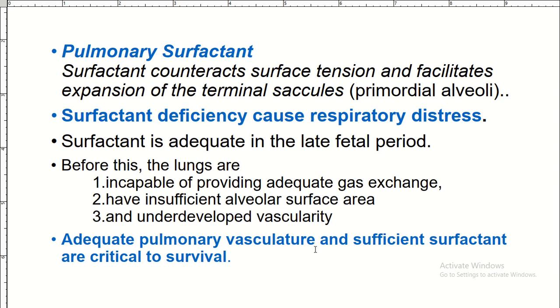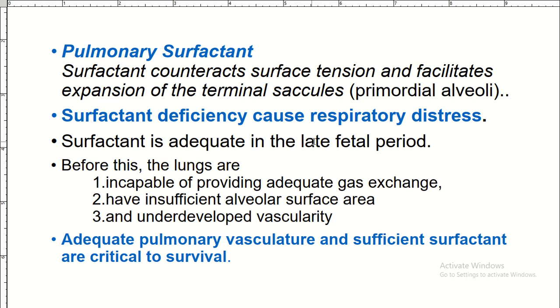Pulmonary surfactant counteracts surface tension and facilitates expansion of the terminal saccules. That's your primordial alveoli. Surfactant deficiency causes what you call respiratory distress syndrome, right? So it's very important to take note of this. So absence of surfactant, you're going to have respiratory distress syndrome.